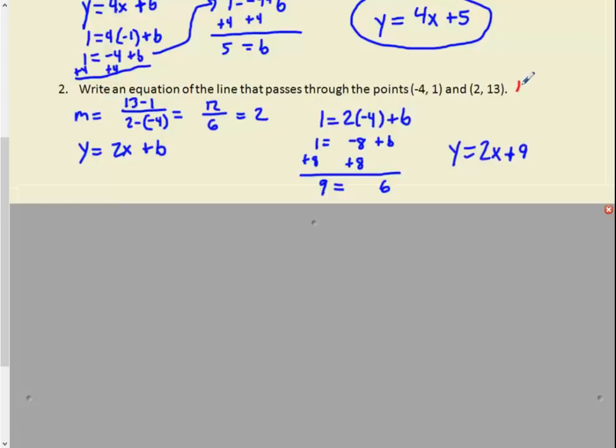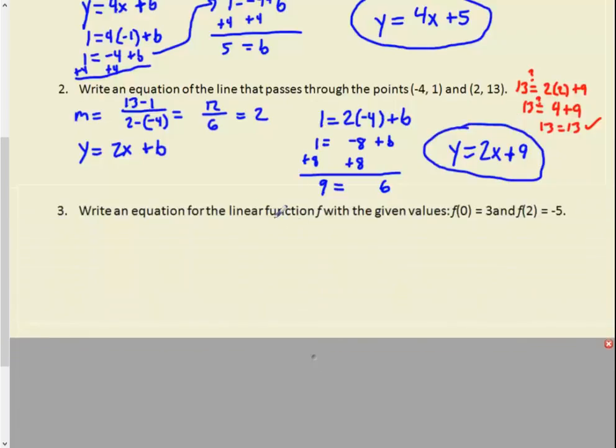So if we check that, does 13 equal 2 times 2 plus 9? Does 13 equal 4 plus 9? And yes, 13 does equal 13. So that's a good check just to make sure that we have our equation correct. So there is the equation of the line that passes through those 2 points.